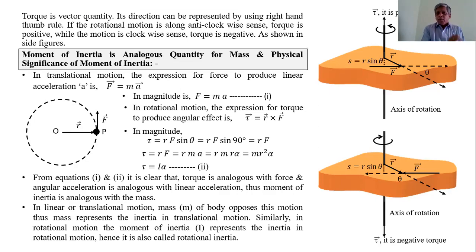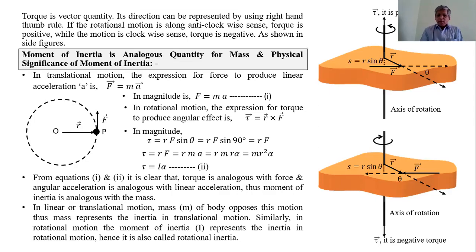This is because the truck or road roller has larger mass as compared to the car. That means mass represents the inertia. Mass represents the opposition to the motion. That means in translational motion, mass represents the inertia.